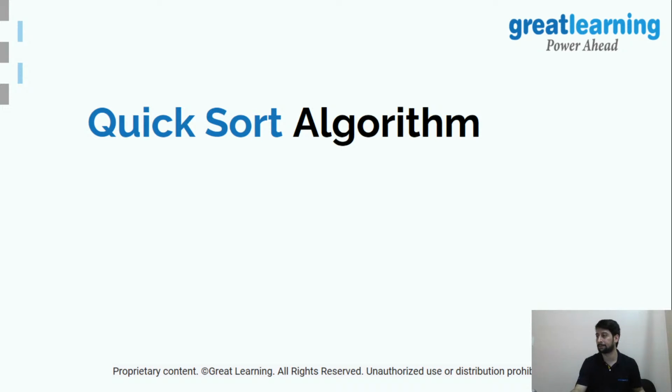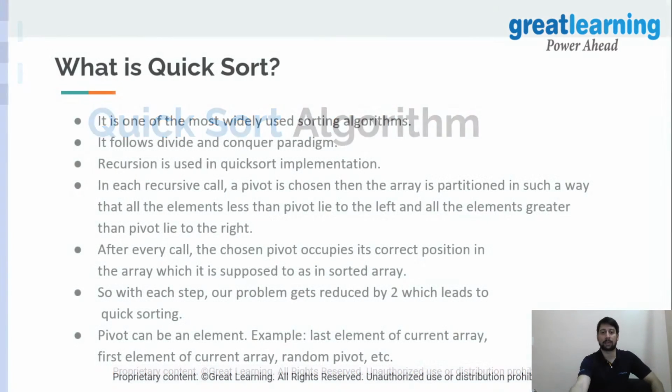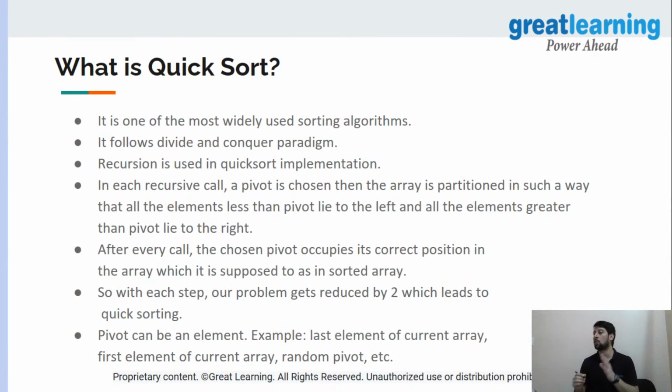Okay, great. So now let's see the quick sort algorithm. It is the most widely used algorithm when you are trying to use your memory efficiently. This is the go-to guy. It follows the paradigm of divide and conquer, which is very important.